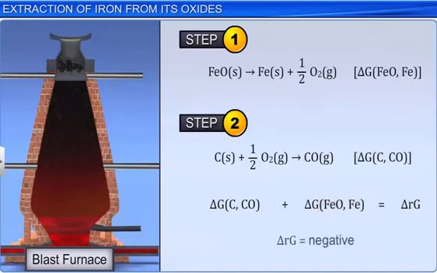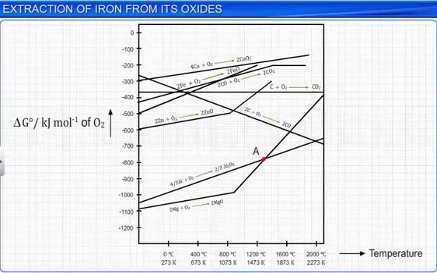Ellingham diagrams are useful in predicting the conditions under which a metal ore can be reduced to the metal. It gives information to predict the equilibrium temperature between the metal oxide and the metal. If a graph is plotted for standard Gibbs energy change delta G naught against temperature T in Kelvin for both these reactions, then it will go upwards for the reduction of ferrous oxide to iron, and downwards for the oxidation of carbon to carbon monoxide.